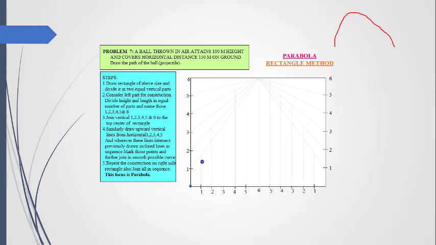Now you can see that these lines intersect each other. Here you can see that the points have been acquired. Now draw a line passing through these points, and this is known as the parabola that we have achieved.